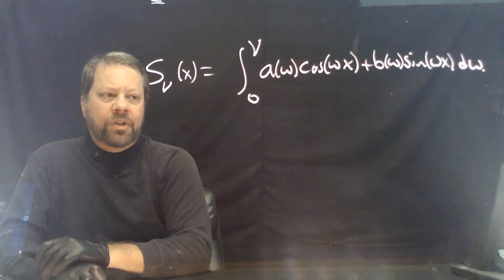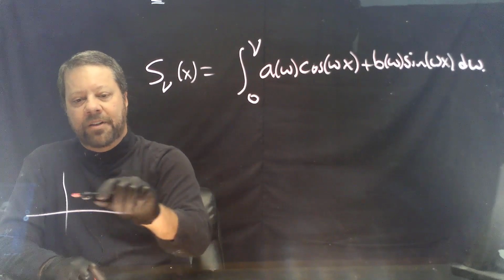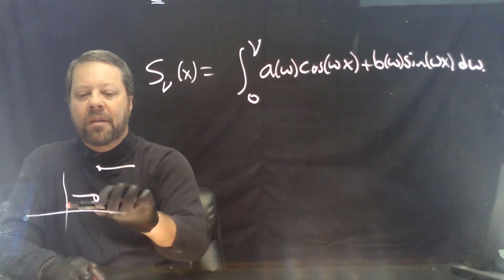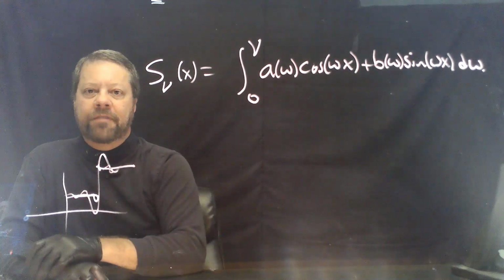When we truncated Fourier series before, if we had a function with a discontinuity, we always ended up with a Gibbs phenomenon.